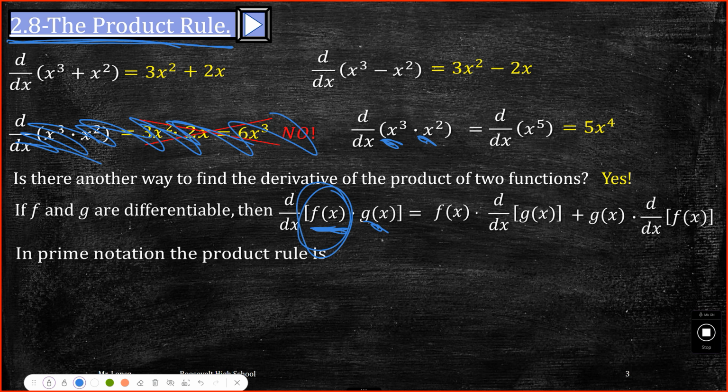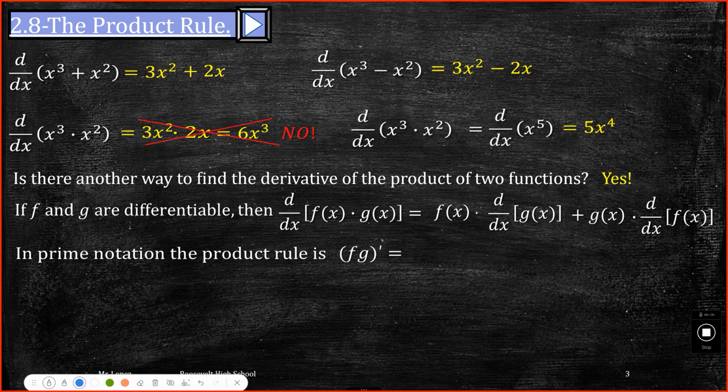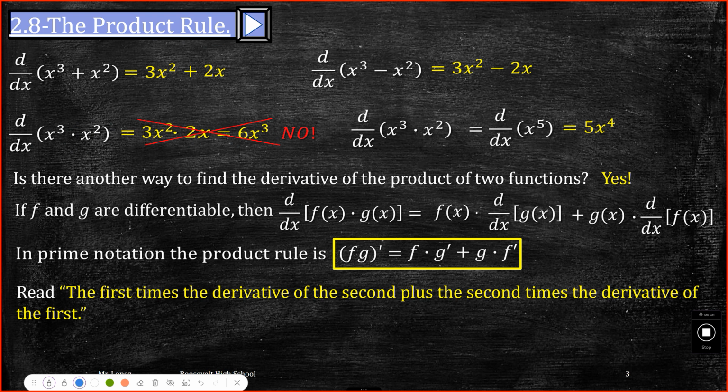So in prime notation, the product rule is, all right, the first times the derivative of the second plus the second times the derivative of the first. You can go watch some YouTube videos and they kind of have it backwards, but it's all the same.